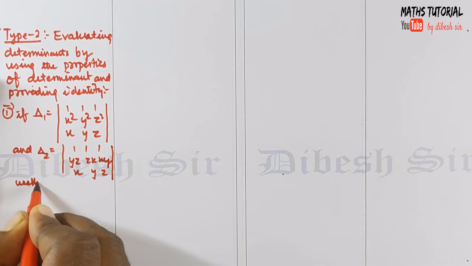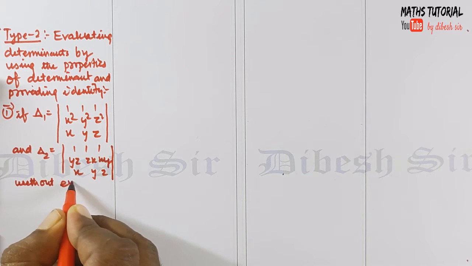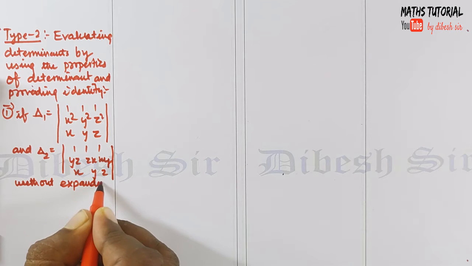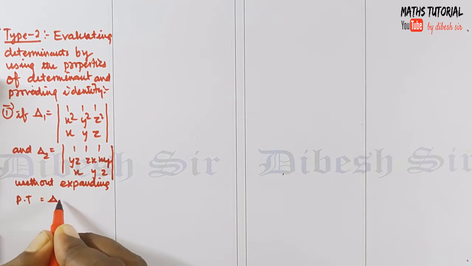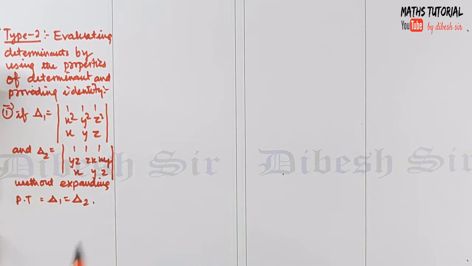Without expanding, prove that delta 1 is equal to delta 2. So let's do it.